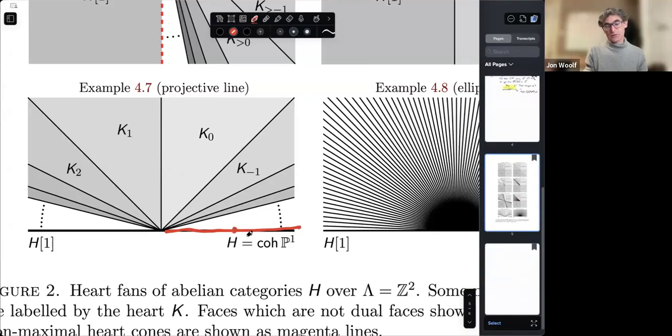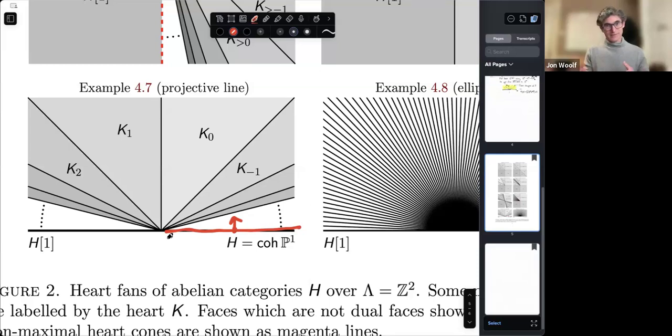So here you're forced to choose some stability function that maps the imaginary part into here, and you're forced to choose a tangent vector there, which is that side, so that you see this upper half. And this is essentially the only phase diagram that you can get for a stability condition with heart coherent sheaves on P1. Likewise for coherent sheaves on the elliptic curve.